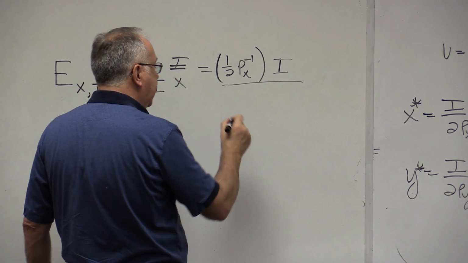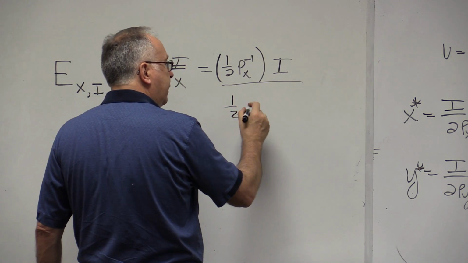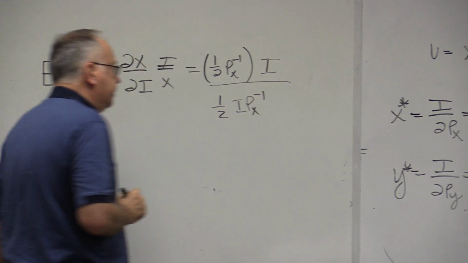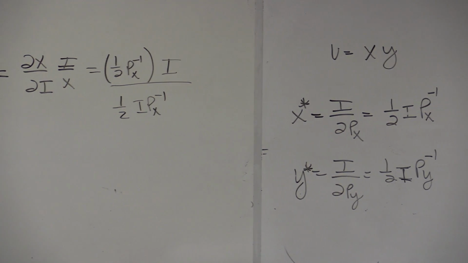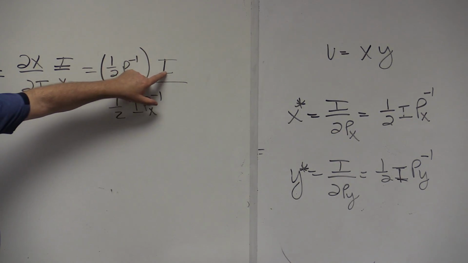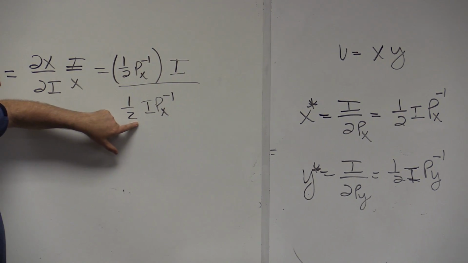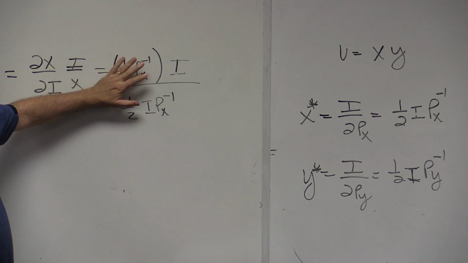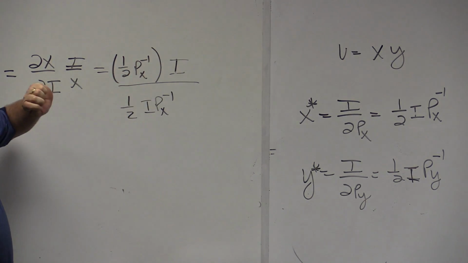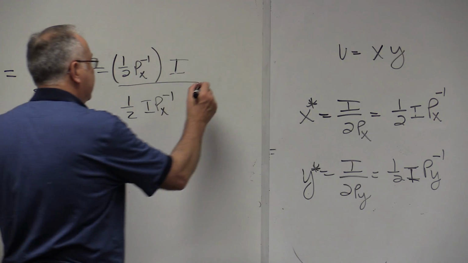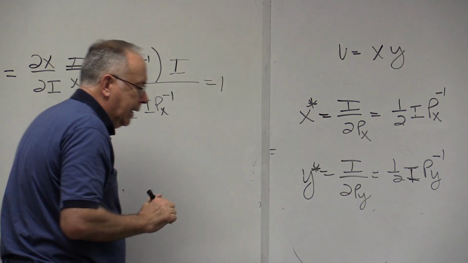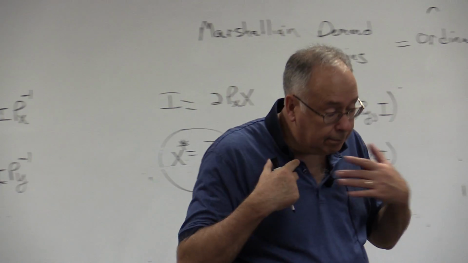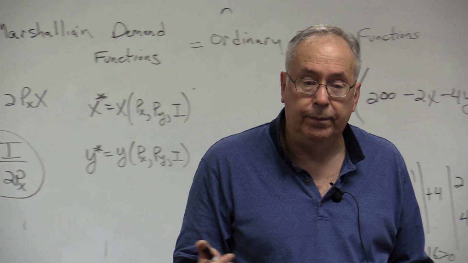What is X? X is 1/2 I Px to the minus 1. But look at this in the numerator. The numerator and denominator are the same. So this is equal to what? 1. The income elasticity demand for good X for this individual, for me, is always 1.